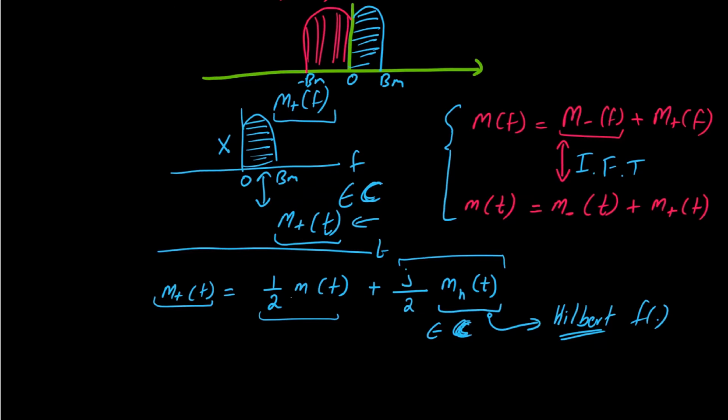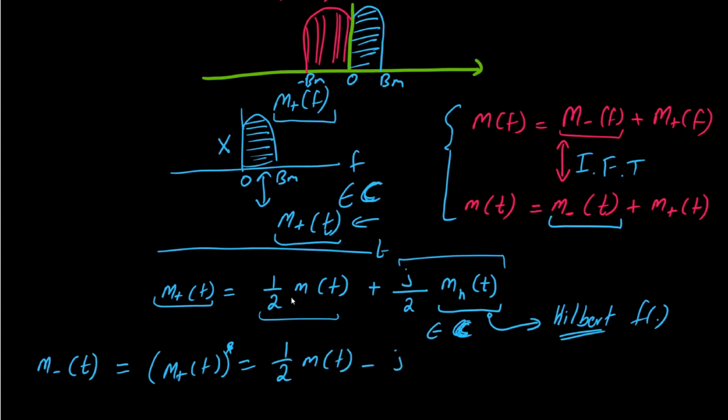Another property of this kind of function is that if you take the conjugate of it, that is, if you take m plus of t conjugate, this is going to give you m minus of t, and that m minus of t is over here. So m minus of t is 1 by 2 m of t minus j by 2 m h of t.